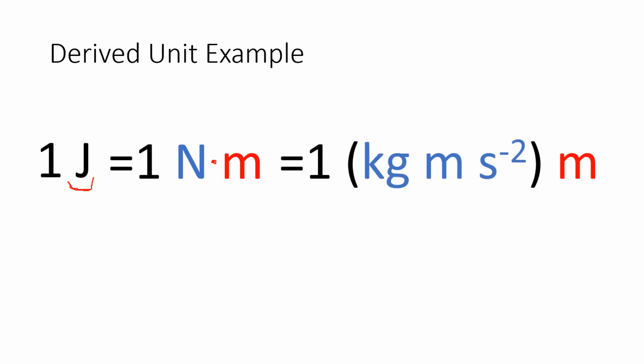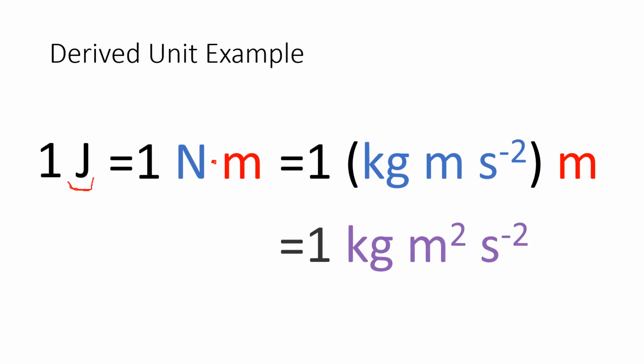And indeed, the full definition, a Newton is a kilogram meter per second squared. And then you still got that one I've coded red here, the meters, right? So you can staple all this together and say that 1 joule is equal to 1 kilogram meter squared per second squared.